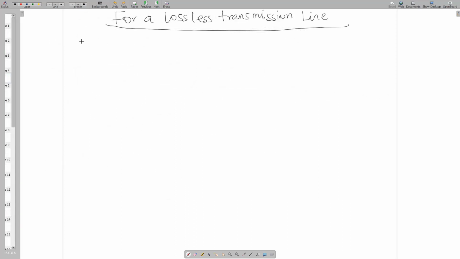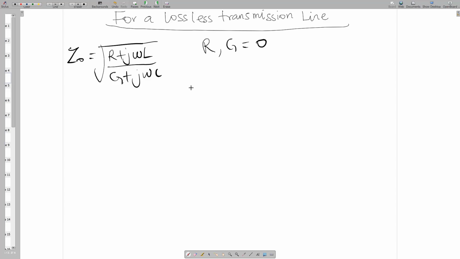In our equations, we also concluded that Z naught was equal to root of (R plus j omega L) over (G plus j omega C). We concluded that this is the characteristic impedance formula. If we say that for a lossless transmission line there are no losses, that means no resistance, no G, so all the real parts, R and G, are equal to 0, because there are no attenuations or losses.